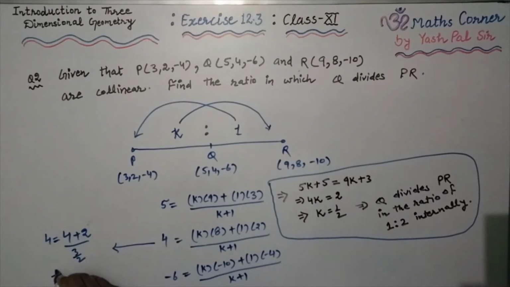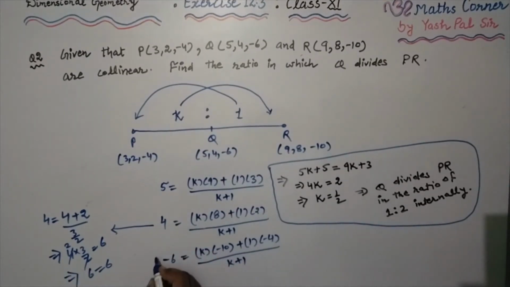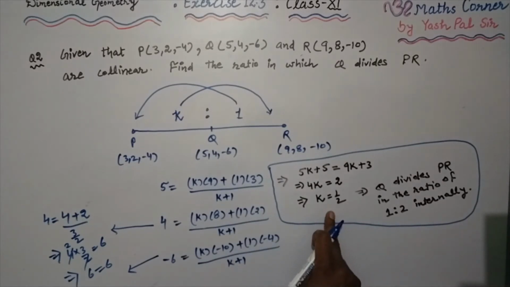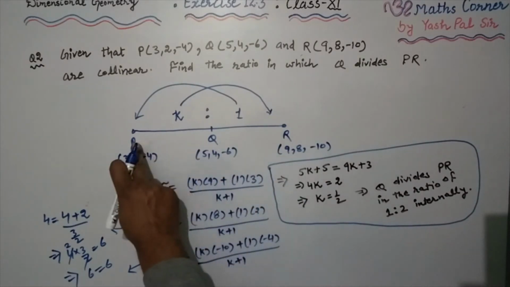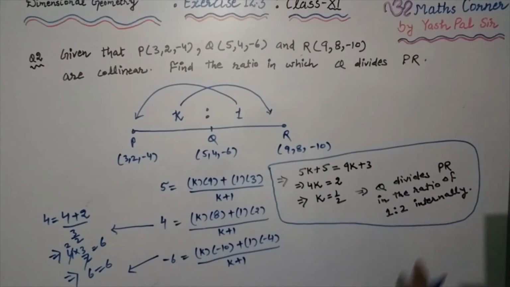So this becomes 4 into 3 upon 2 is equal to 4 plus 2 is 6. So this is 2, 3 into 2 is 6, equal to 6. So we have checked that this is true. Similarly for this case also, this will be true. So our result is Q divides PR in the ratio of 1 ratio 2, that too internally.